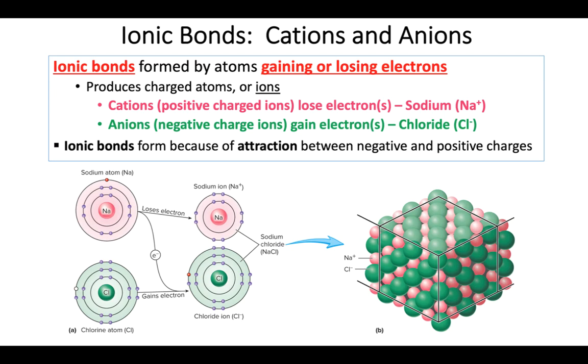Then it's just a matter of opposites attract. So when you have a cation that's positively charged and an anion that's negatively charged, those opposite charges attract, and that forms an ionic bond. And sodium and chloride bonded together is salt. Sodium chloride, table salt.